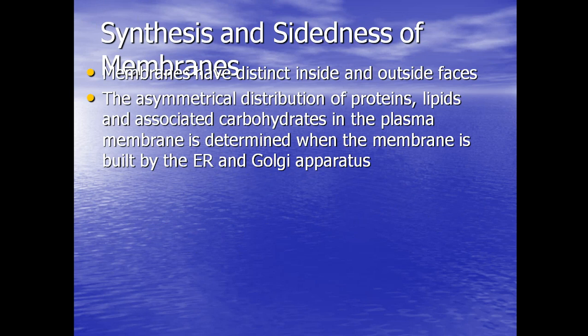So, even these membranes are very distinct. The membrane of each cell is distinct, both inside as well as outside faces. How? It all depends on the distribution of proteins, lipids, and their association with the carbohydrate in the plasma membrane.